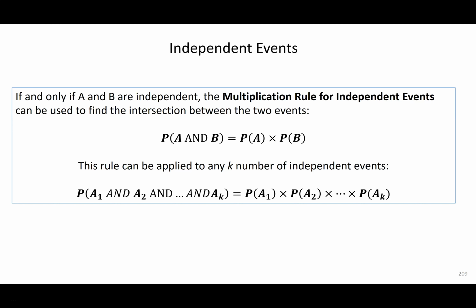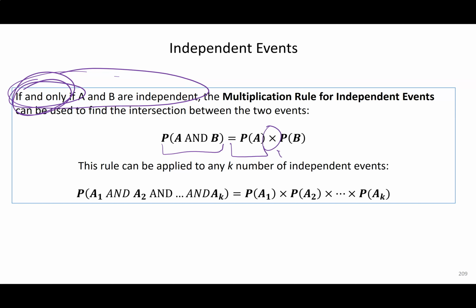What is really great is when we know that we have independent events, we can use this product rule. If and only if, super, super important, if A and B are independent, the probability that A happens and B happens is just the probability of A times the probability of B. But it's really important, you can only do this if they're independent.